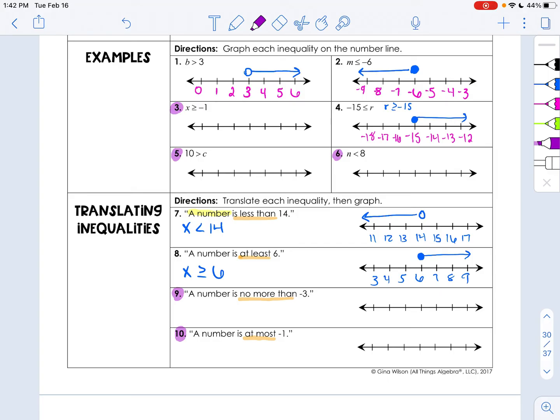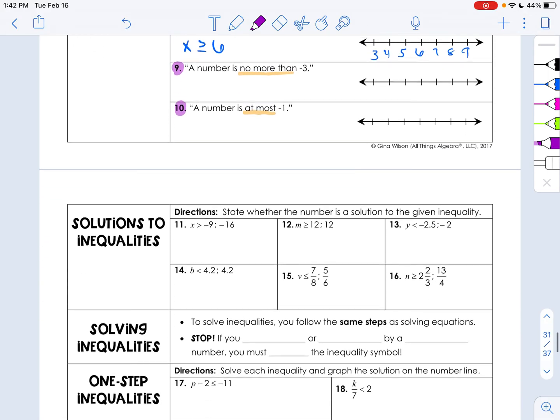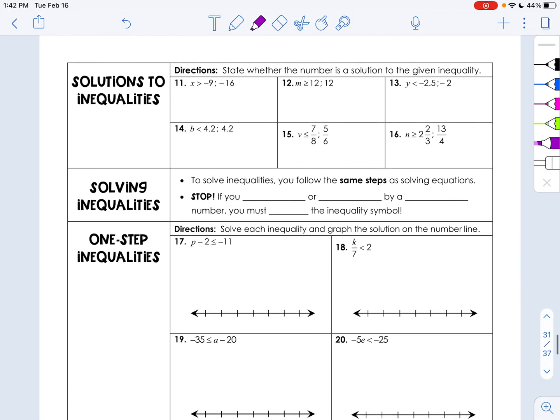And then the next thing we need to look at is determining if a number is a solution to an inequality, if a specific number makes an inequality statement true. Number 11, x is greater than negative 9.